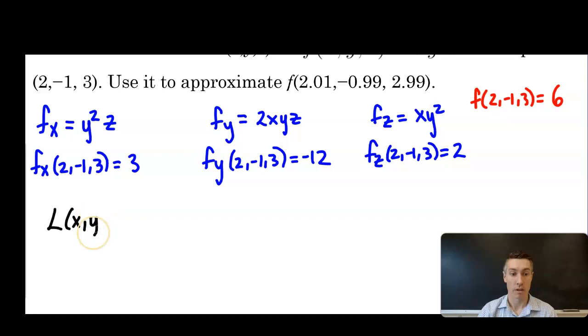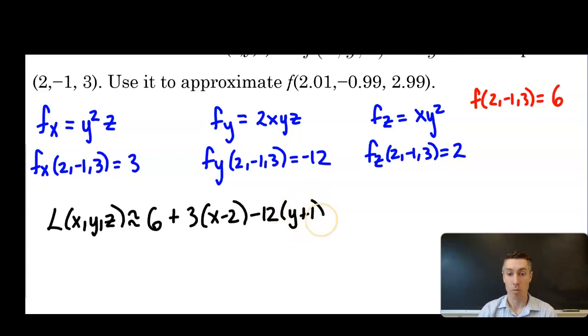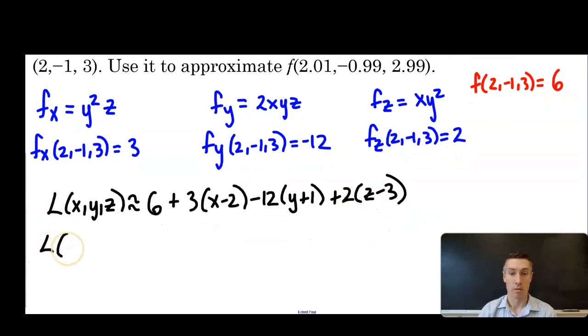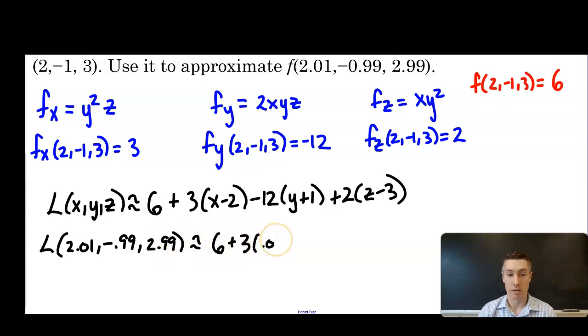So linearization of this function of 3 variables is the function value plus partial with respect to x times x minus 2, partial with respect to y times y plus 1, partial with respect to z times z minus 3, and now we can use it to find our approximations. So 2.01, -0.99, 2.99 is going to be 6 plus 3 times 0.01 minus 12 times -0.01 plus 2 times -0.01.